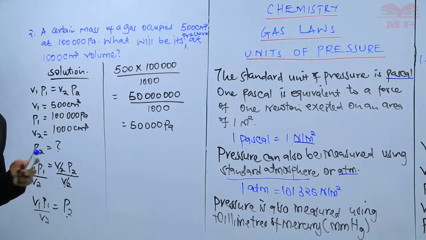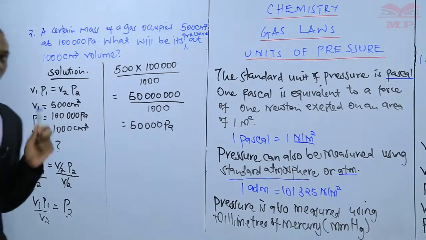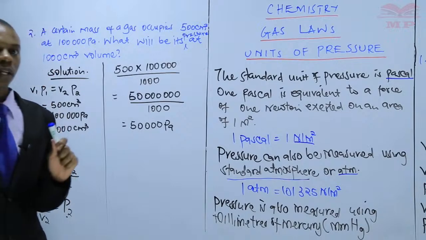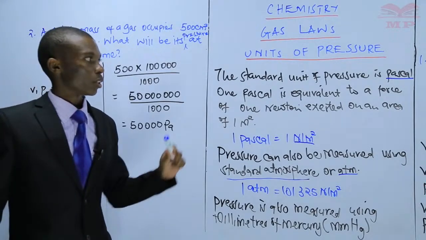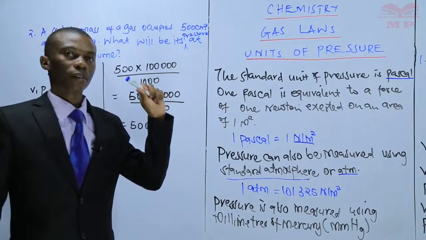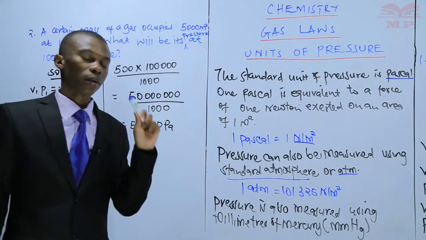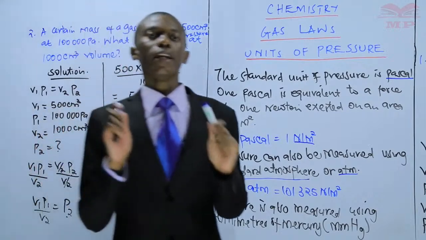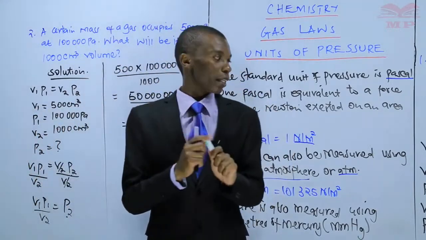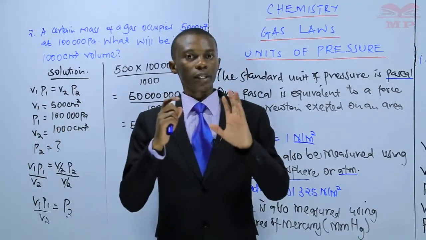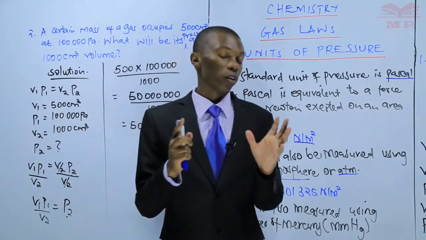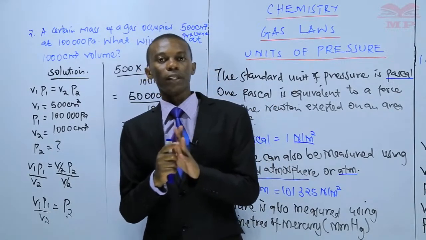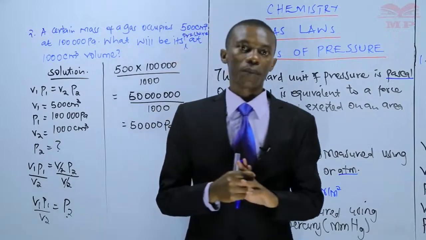That is how simple the questions are, and therefore you should be able to do as many questions as possible, so long as you have the expression V1 P1 equals V2 P2. That will be a very important equation when you'll be doing the calculations involving Boyle's law.